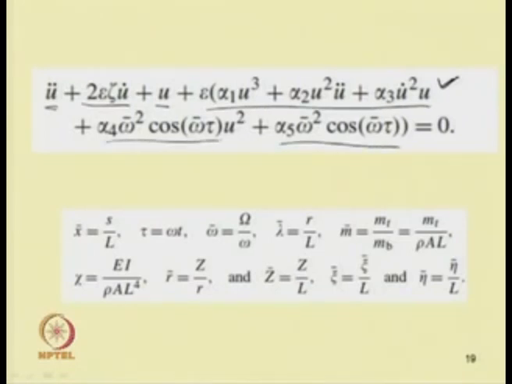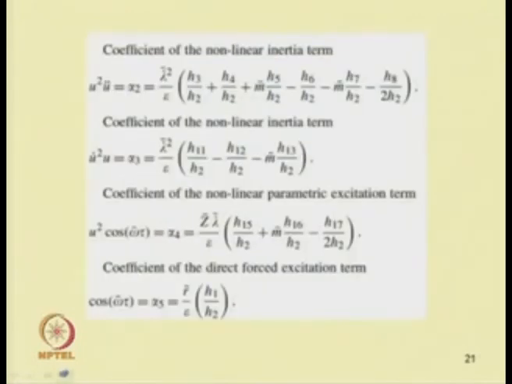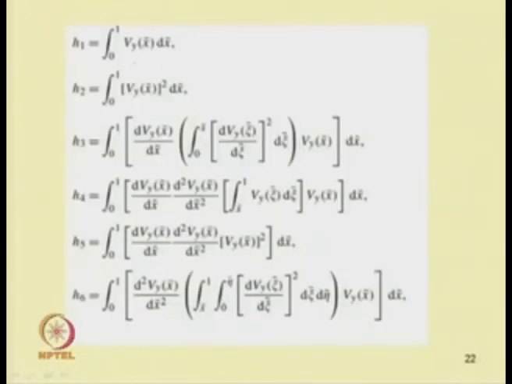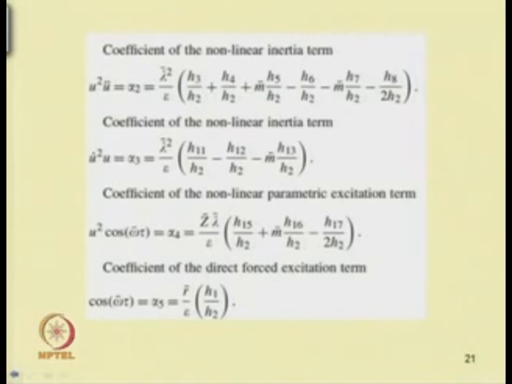The coefficients of the nonlinear terms can be obtained from these expressions, where one can find the coefficients alpha 1, alpha 2, alpha 3 by integrating these terms. These integrations are functions of the shape functions. By using this integration, one can find the coefficients. After finding the coefficients, one can use this ordering technique to order the nonlinear equation of motion.